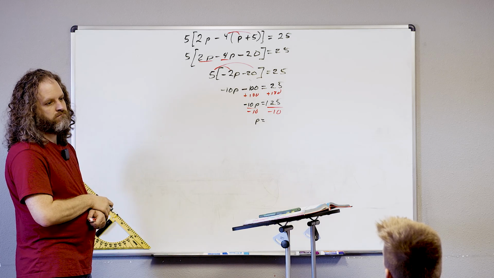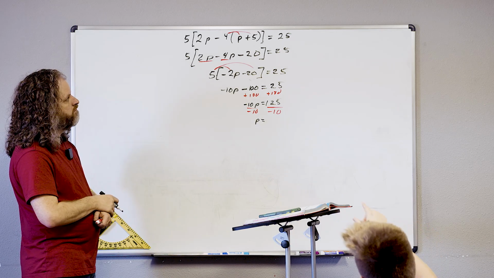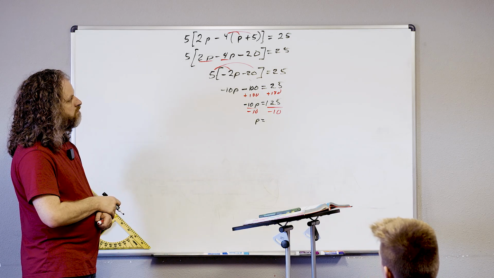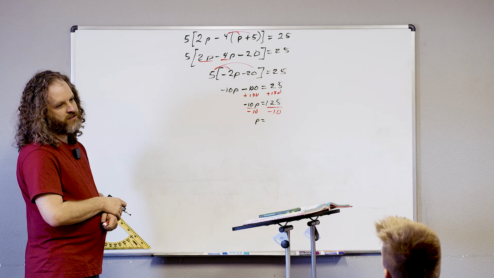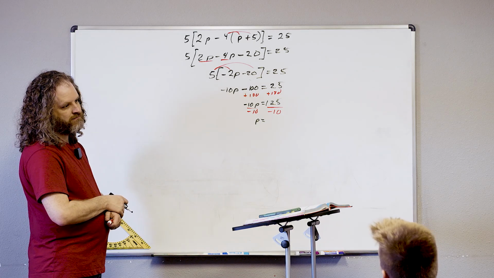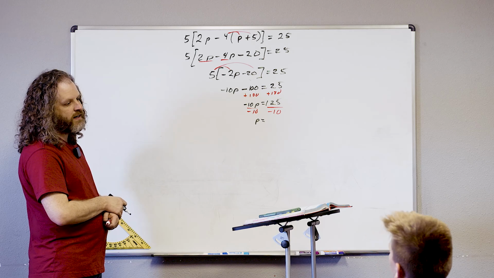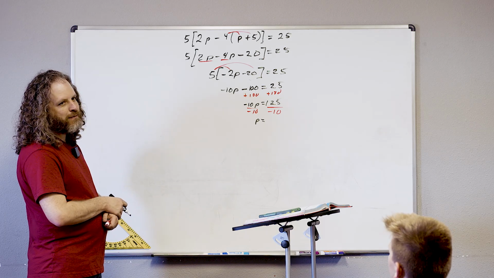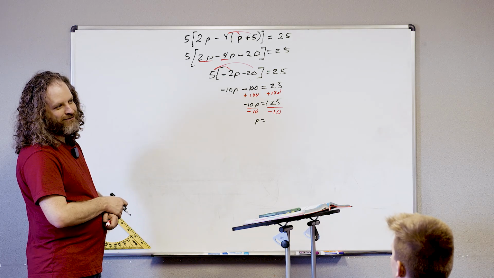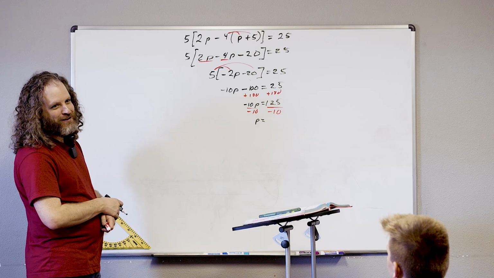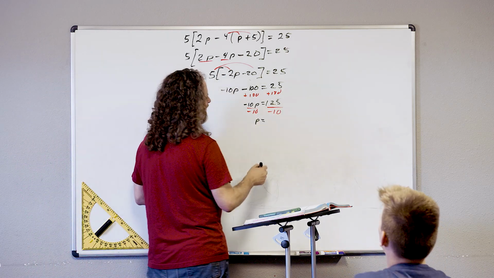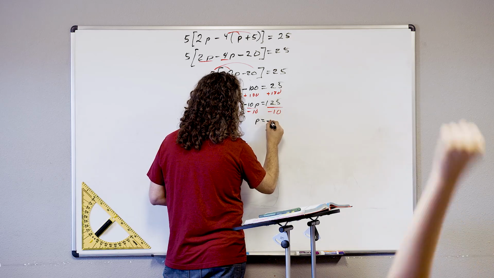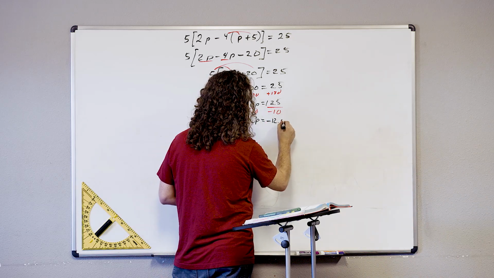After we're done with this, can we do the distributed way to see how I messed up? Sure. What's the answer? You don't need your calculator. How do you divide by 10? You just move the decimal over once. 12.5. Negative 12.5.